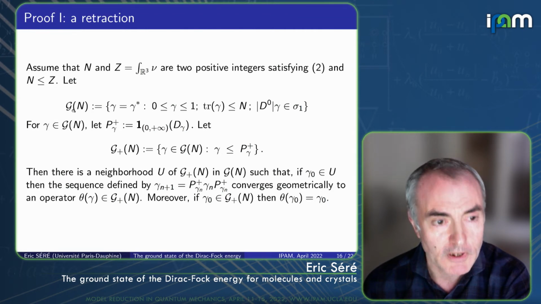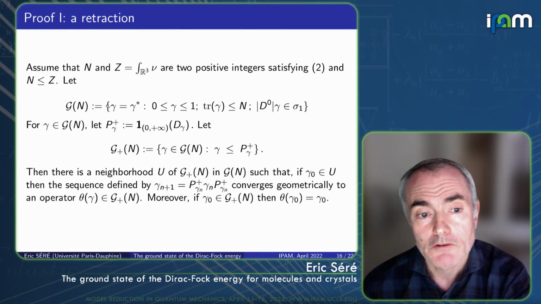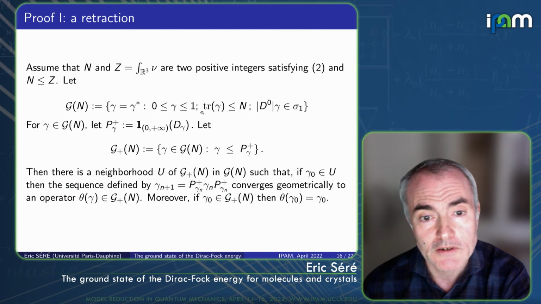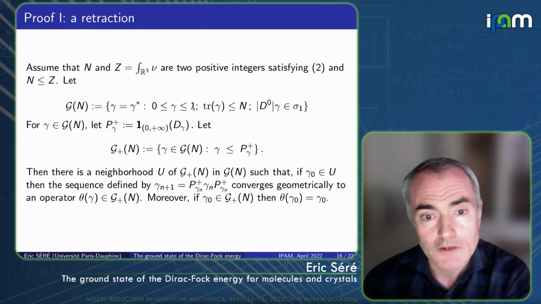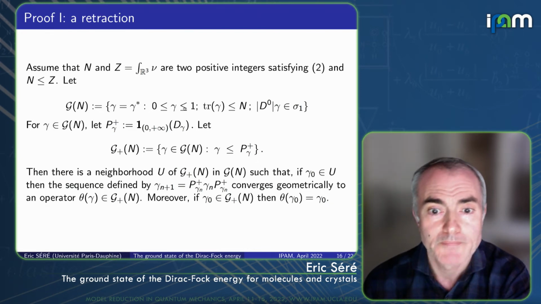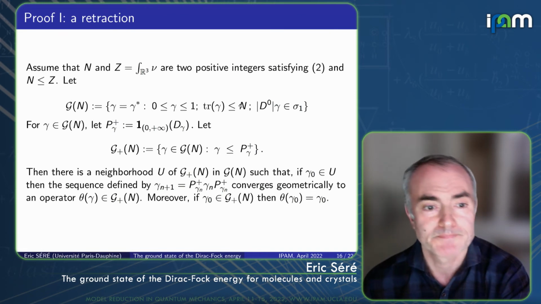So first, I call capital G of n the set of density matrices. So it's a convex set, this G of n. These density matrices are between 0 and the identity. So they have eigenvalues between 0 and 1. And their trace is at most n.